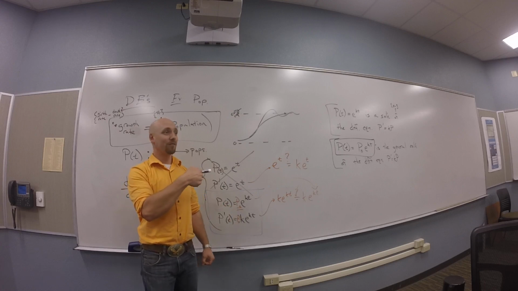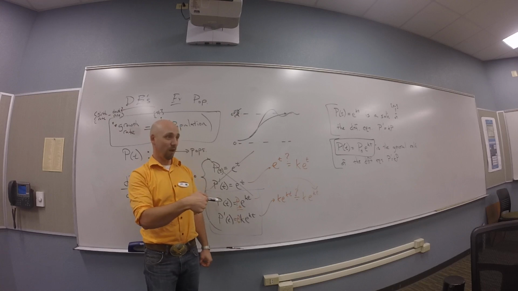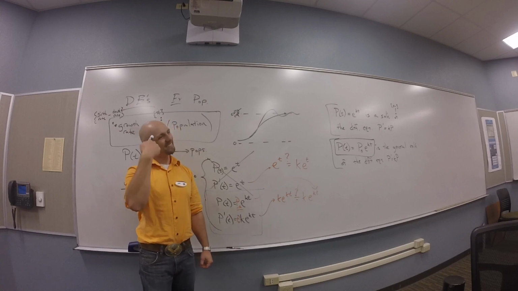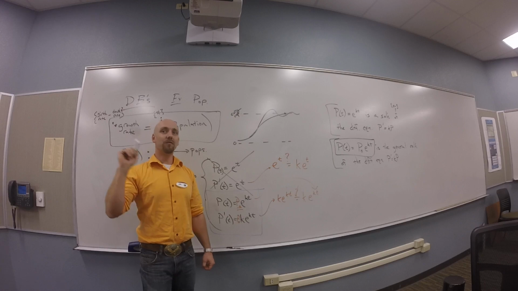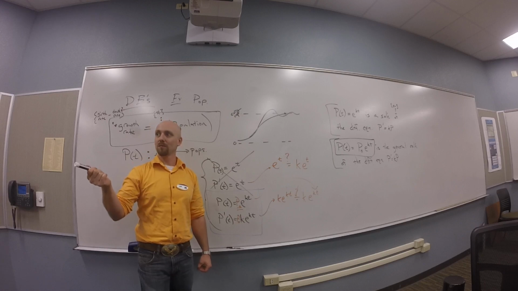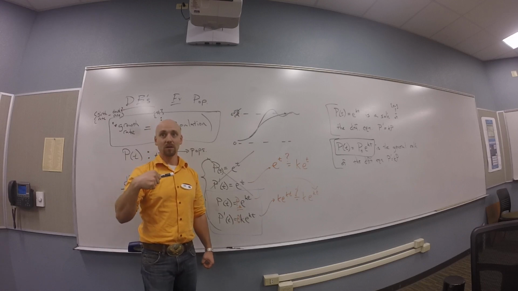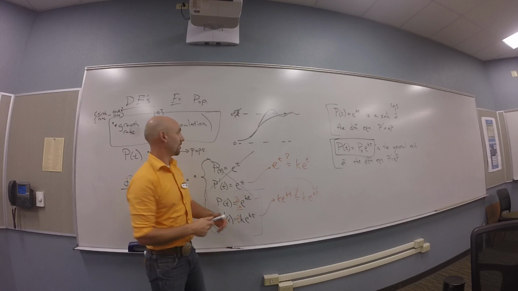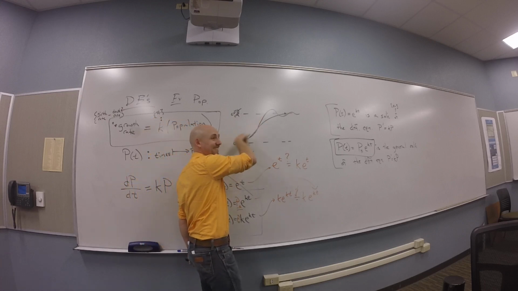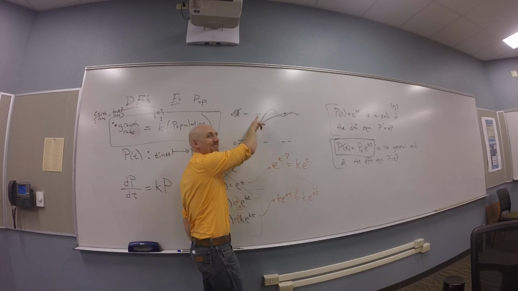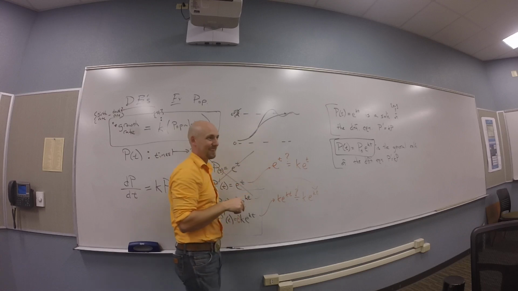This is a bad model for like bacterial growth in a pond, except for initially. When you first introduce a foreign organism, this thing works pretty well. This part looks a lot like an exponential function, right? It works pretty well until you get partway to the carrying capacity, and then stuff starts to happen that's bad.